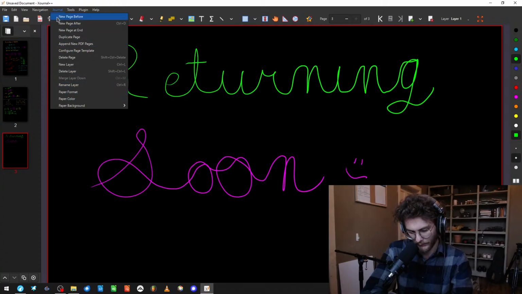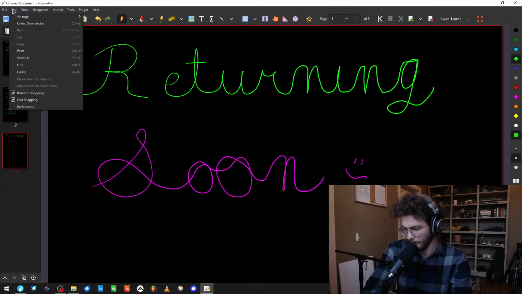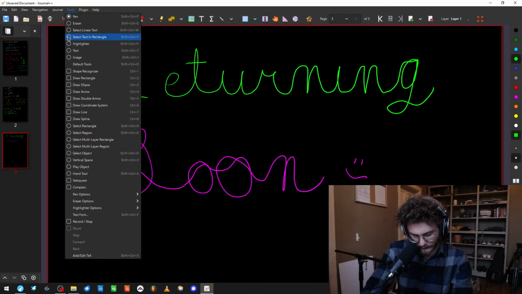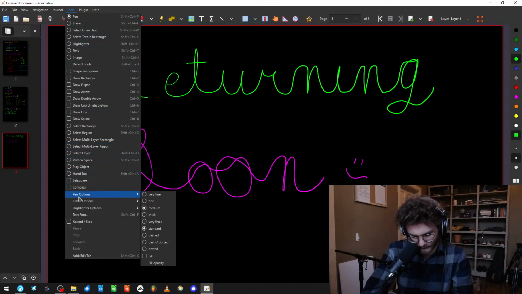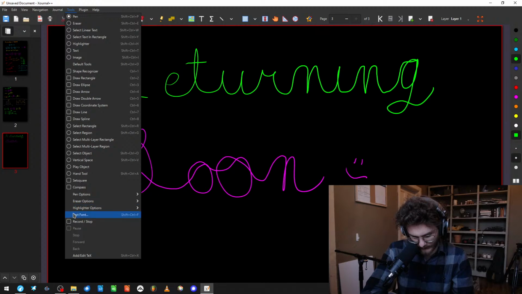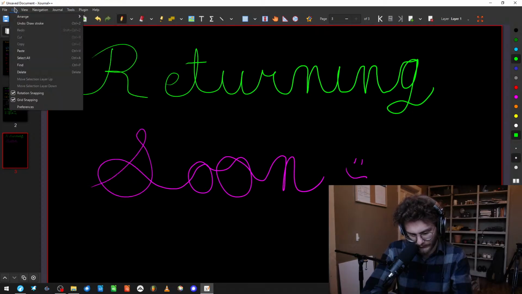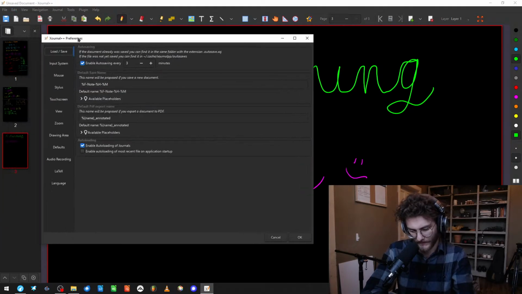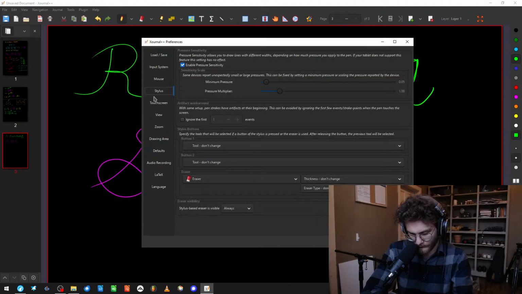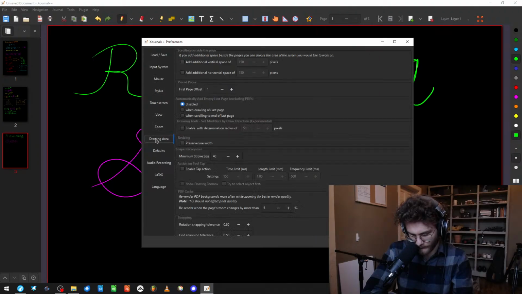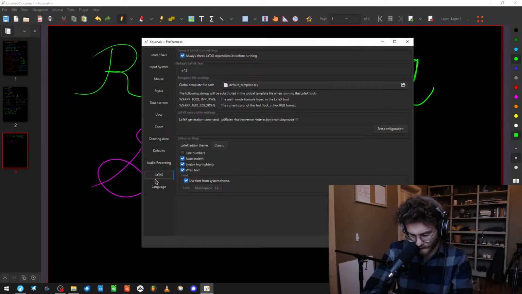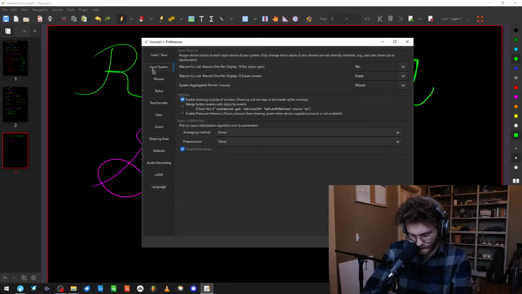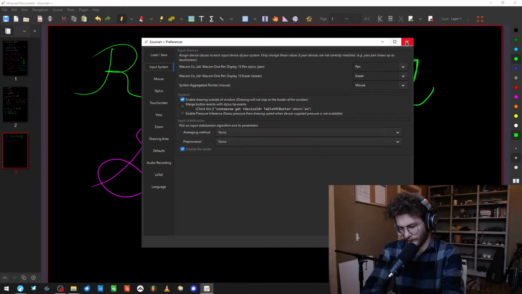Okay, so let's go to tools, pen options, eraser options, hours, text font. You can do latex, that's cool. Or at least text. Preferences? This could be system-wide stuff. Let's go away from that.